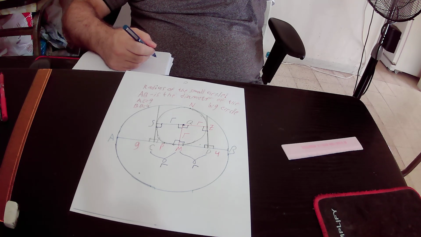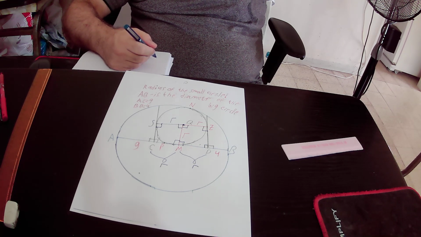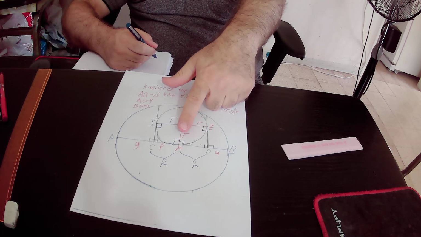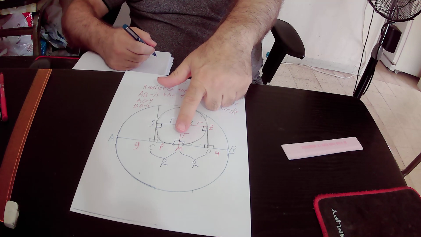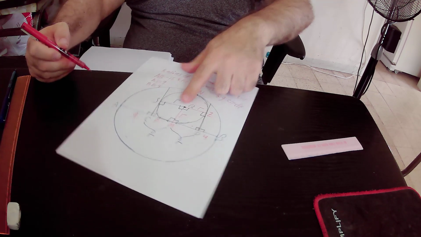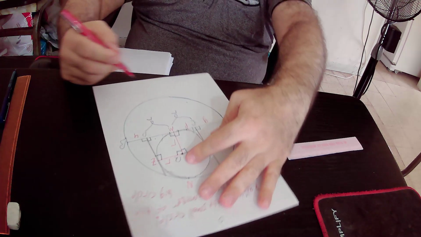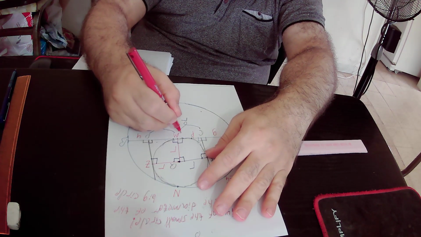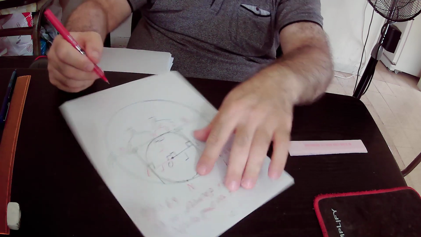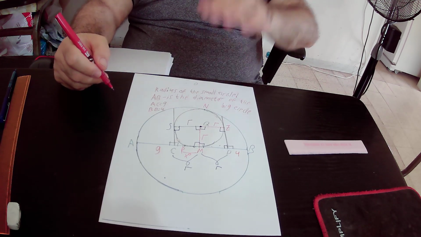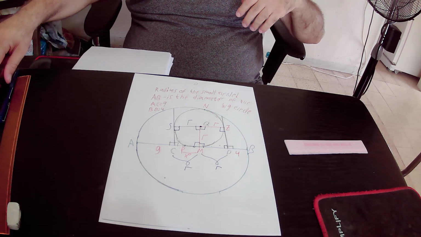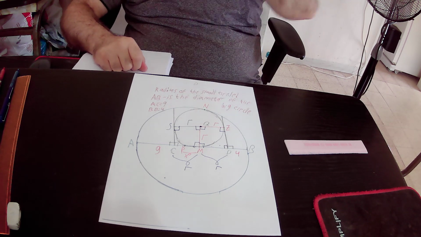In the next step, we will define PM as X. That is to say, PM equals to X according to our definition. But what is the size of line segment CP?